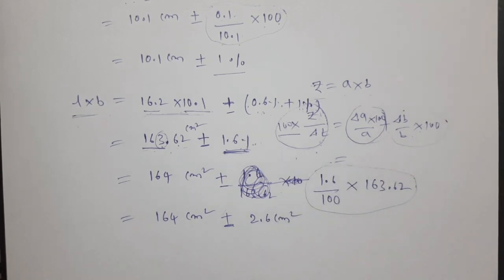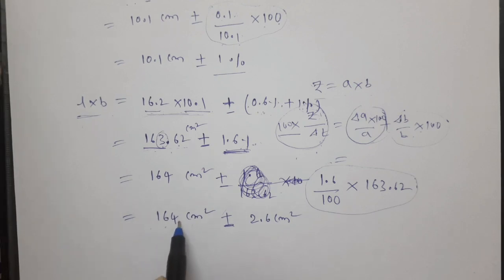But here, 164, do we have any decimal points? Already it is in 3 significant figures, right? So it is the 1's place, 10's place, 100's place. But for the error 2.6, do we get like this? No. In 164, the last digit is the uncertain digit, right? That means the error must be converted to one significant figure.